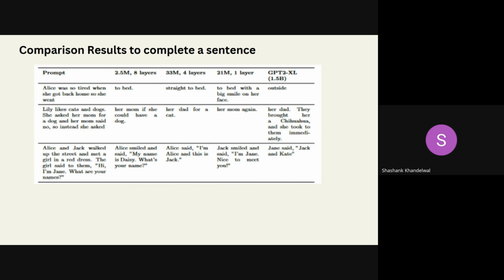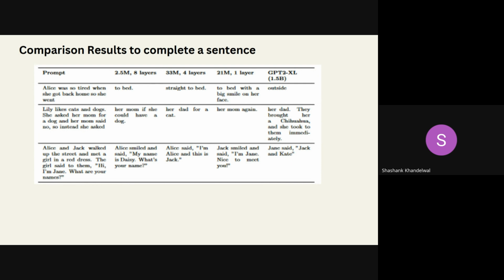You can see three models based on Tiny Stories, compared with GPT-2 XL, which has 1.5 billion parameters. The first prompt is: Alice was so tired when she got back home. She went.